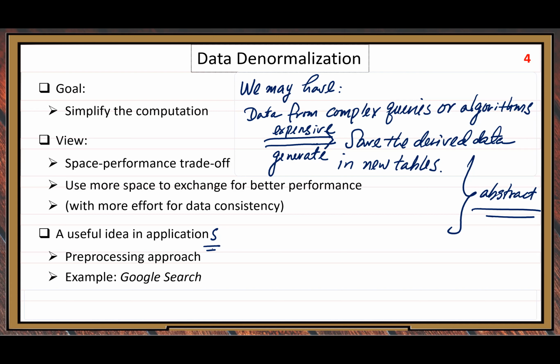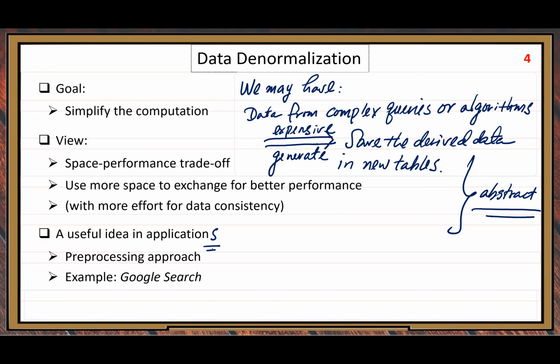The example is the Google search engine. Last time I mentioned that when you type a few keywords and hit enter, you see the search result usually displayed in this way: millions of pages in fractions of a second. How can you get millions of pages containing your keywords in a fractional second?